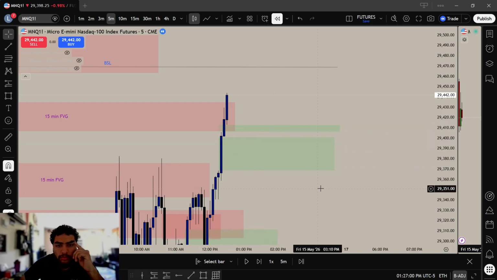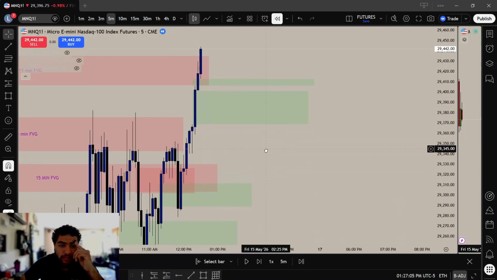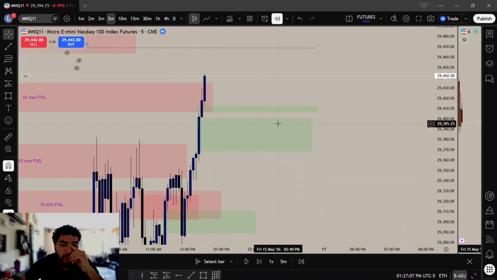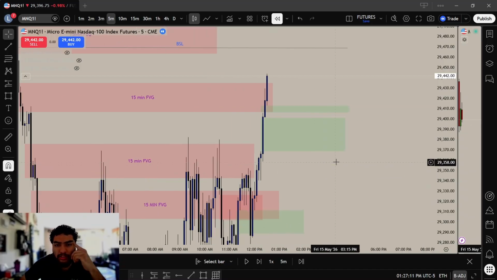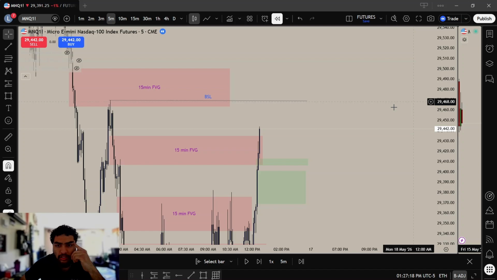If you, let's see here. So I created that fair value gap. This created a fair value gap. I mean, really, I wouldn't have taken this trade just because this would have just been created. I'm waiting for the retrace and shoot higher to this buy side liquidity up here.